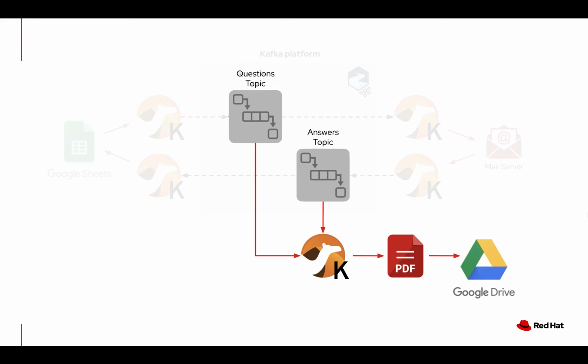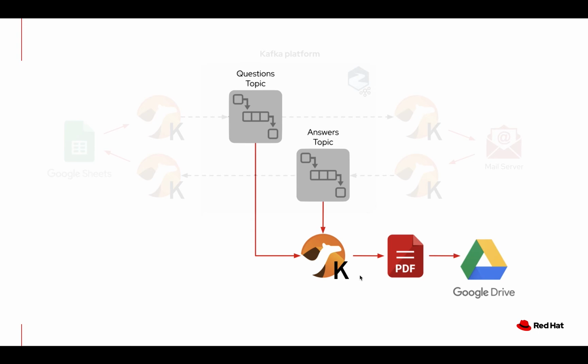We want to take advantage of Kafka's ability to replay the streams. So in this case, what we want is Camel K to consume from both streams that contain all those interactions between the different teams to crunch that and produce a report that will reflect all those cross-functional interactions in the organization and render that into a PDF document that we will upload to Google Drive.